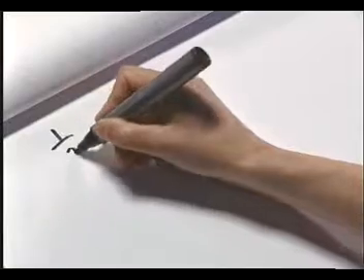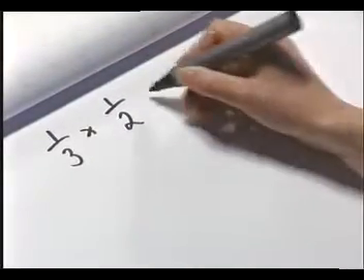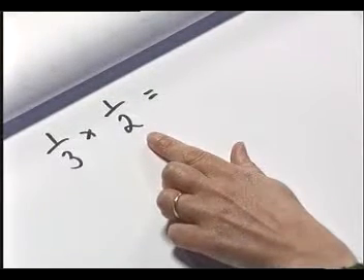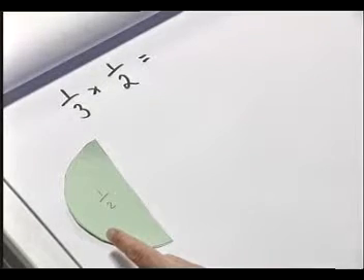Now let's have a look at an example where we're finding a fraction multiplied by another fraction. So let's take 1/3 times 1/2. And this means we want to take 1/3 of a half. So there's a half, and we want to split it up into 3 equal pieces.